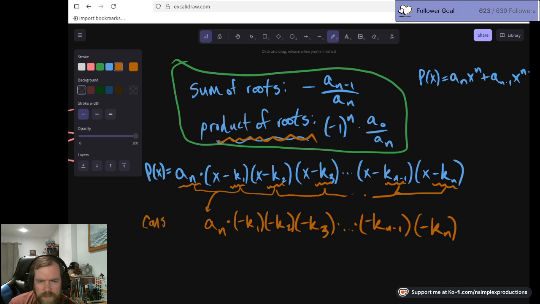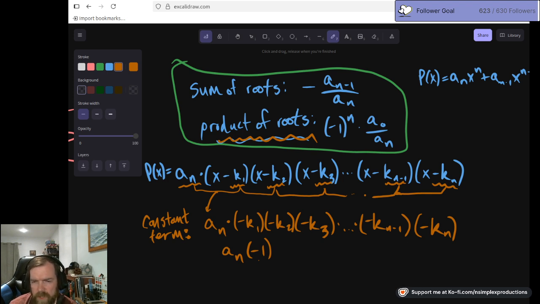Right, constant term. So we end up with a sub n, but then negative 1 raised to the, how many terms are there?